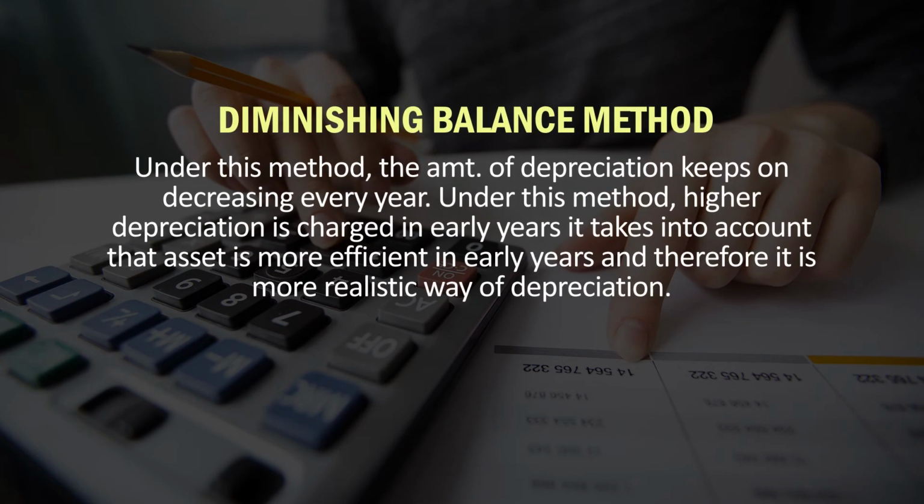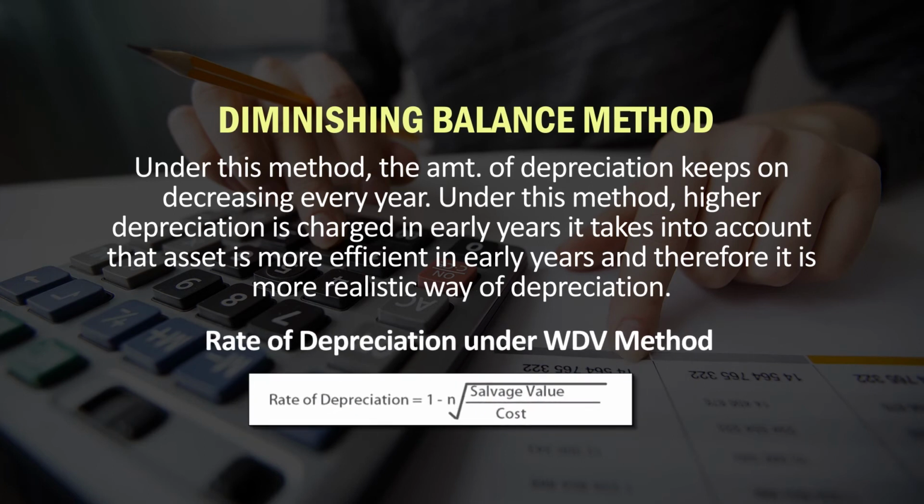Diminishing balance method. Under this method, the amount of depreciation keeps on decreasing every year. Higher depreciation is charged in the early years. It takes into account that the asset is more efficient in early years, and therefore it is a more realistic way of depreciation, because in the earlier years when the asset is more efficient, the amount of repairs is very less and the amount of depreciation will be more.